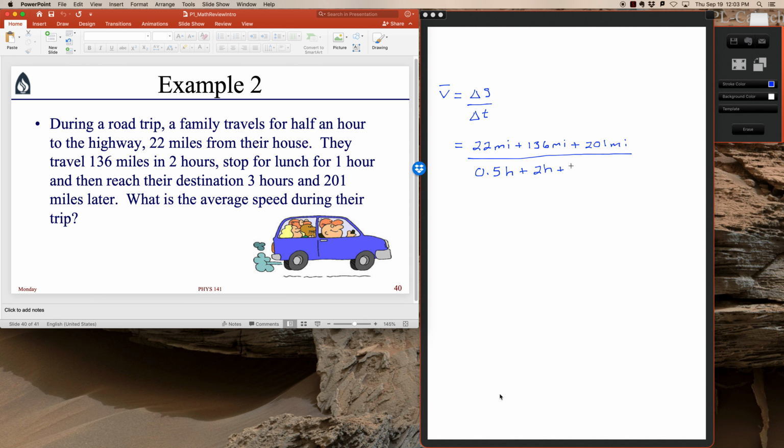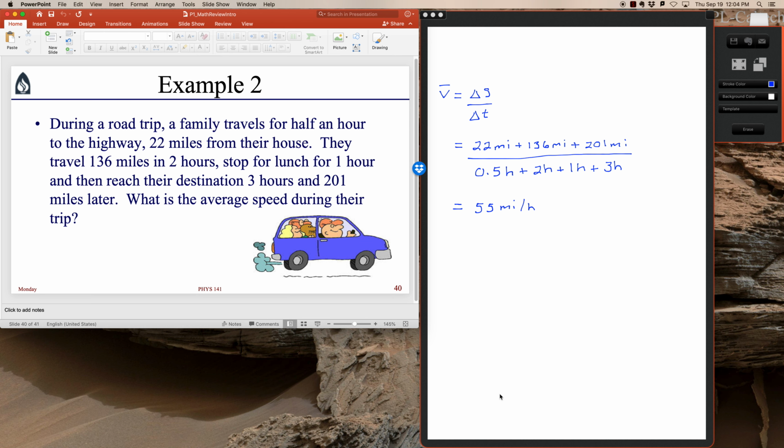And then finally they traveled for an additional 3 hours. So their average speed, adding all these things together, would be 55 miles per hour. Now at any point in their journey, their instantaneous speed may either be much faster or much lower than this. When they're stopped for lunch, obviously their instantaneous speed is 0.